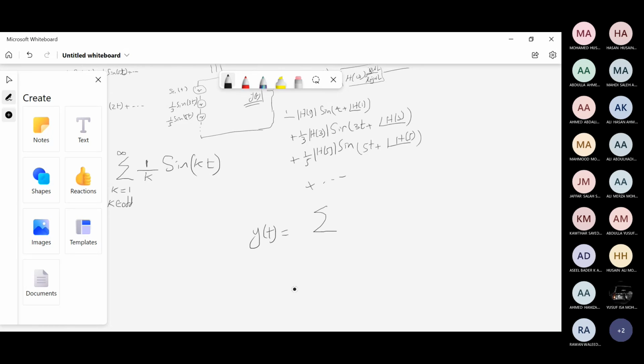Again, here we multiplied by 1, so it is 1/k, h at k, sine of k t, plus angle of h at k, where k is from 1 to infinity. Again, we need only odd, so k belongs to odd.